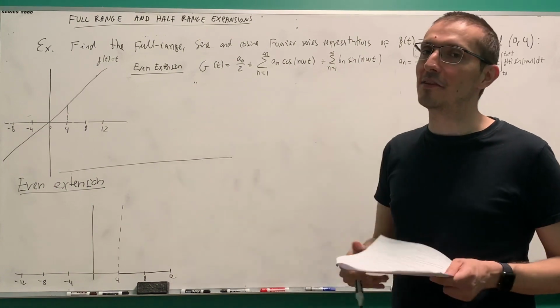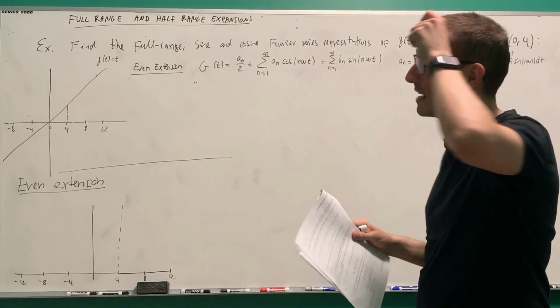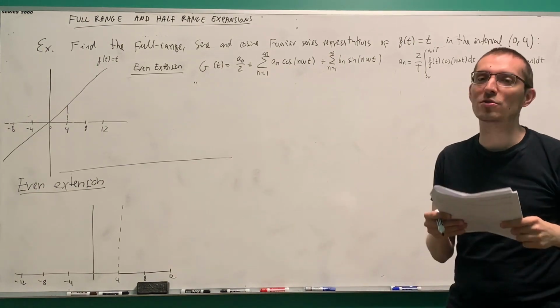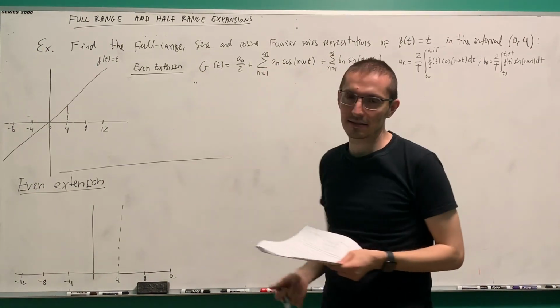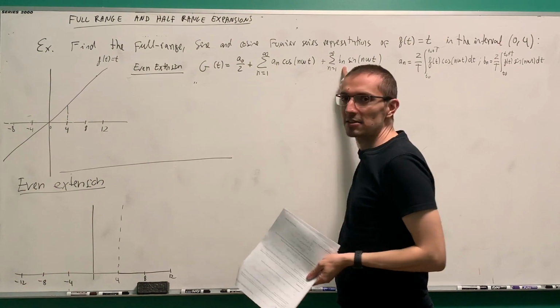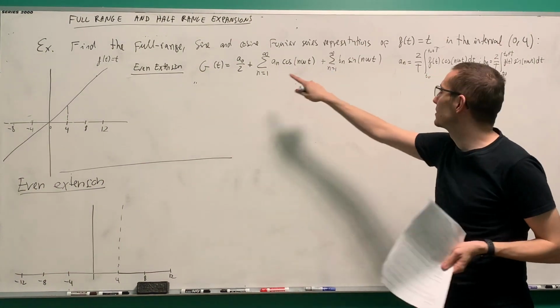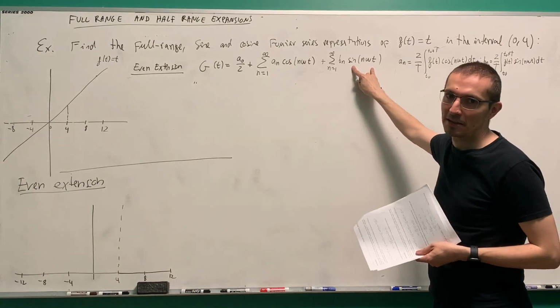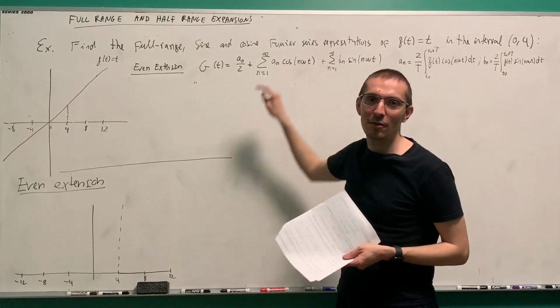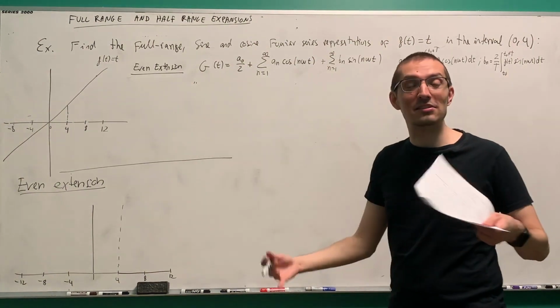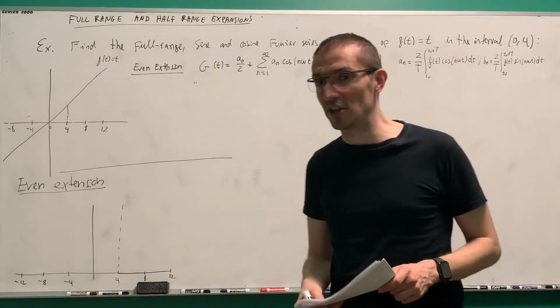If you're short of time, you know that the even extension should only contain cosine terms, the a0 and the an's. They cannot contain the bn's because an even function, which is the even extension, cannot contain odd elements like the sine. It has to be cosines, which are the even functions. So you could cross it out from the beginning, but let's just do a sanity check.